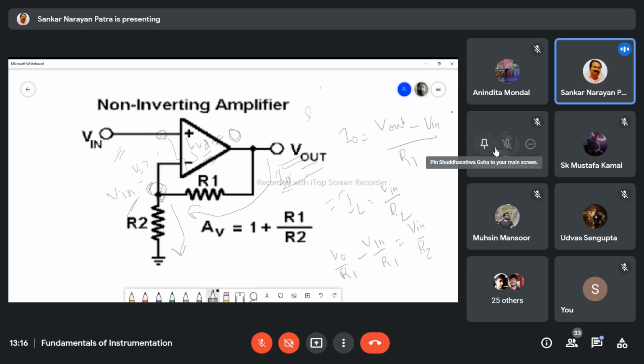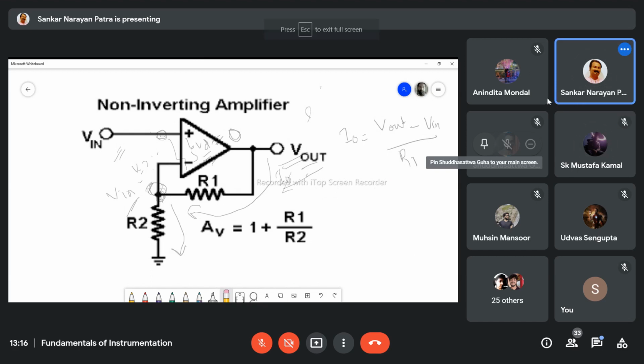Or otherwise you can say V in by R1 plus V in by R2 equal to V out by R0. Right?